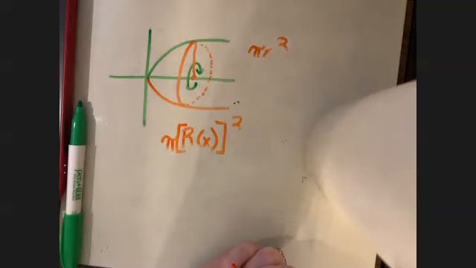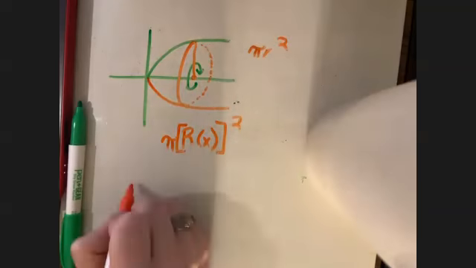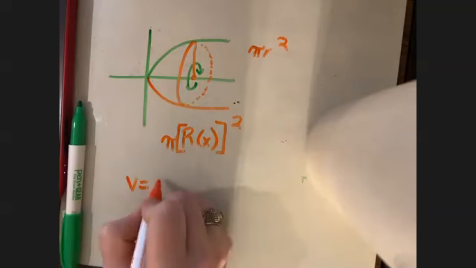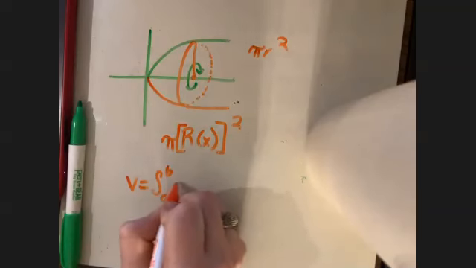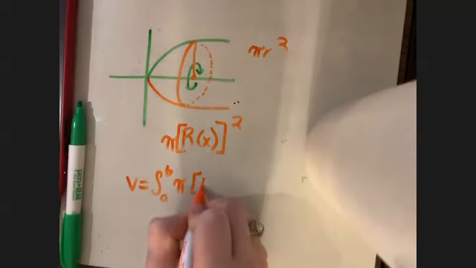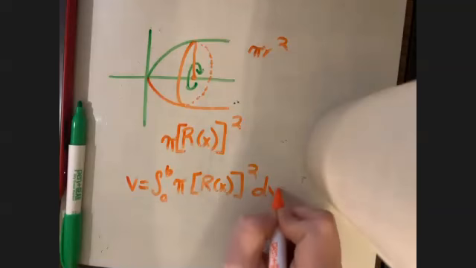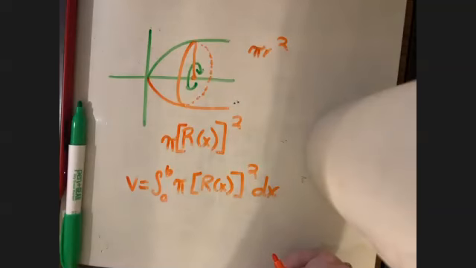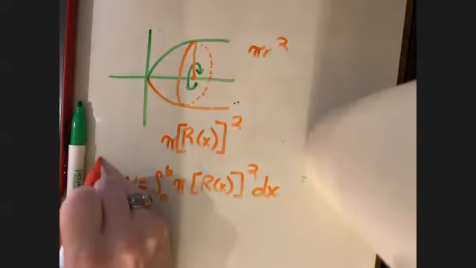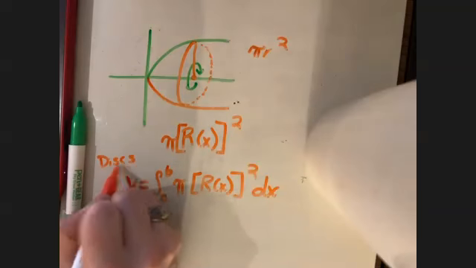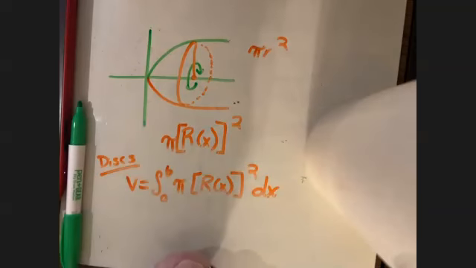So now here's our equation. If we want to find volume, this is the integral from a to b of pi times the function squared dx. And this is what's called using discs.